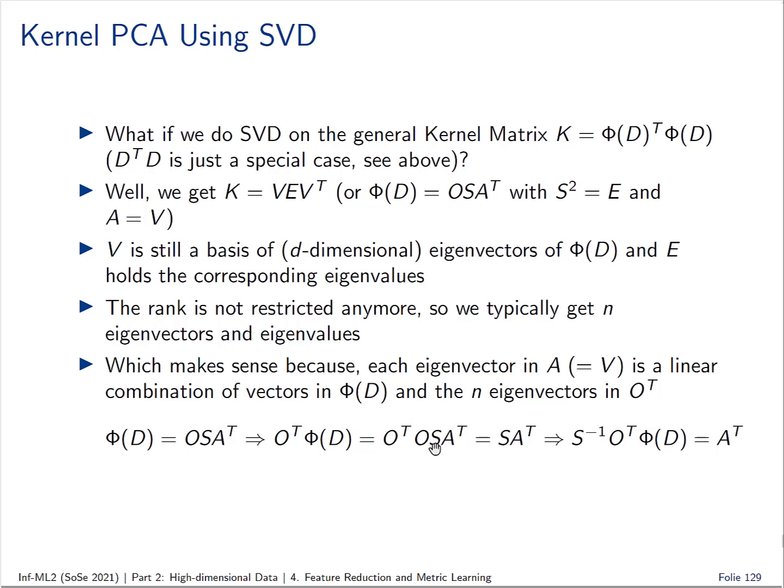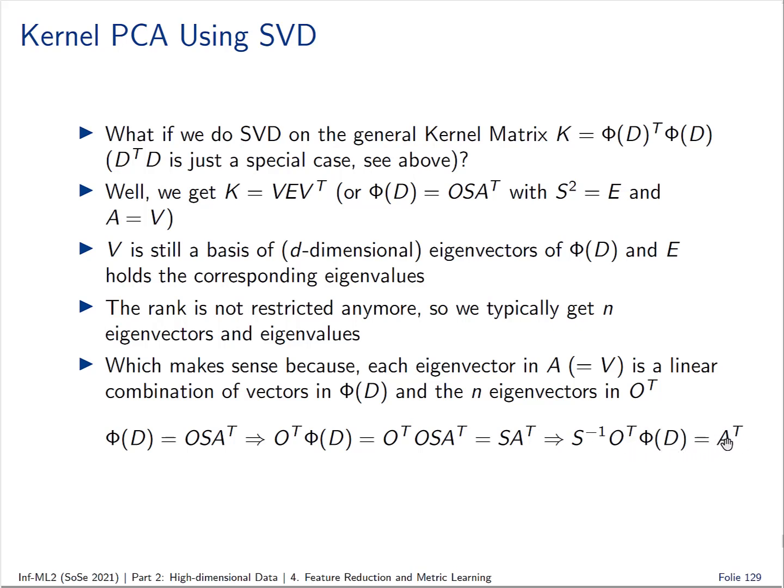So the right-hand side comes down to SA transposed. So we have O transposed times the mapped data space equals S times A transposed. If we try to get S on the left-hand side of the equation, we see that we have on the left-hand side still O transposed times the data matrix, and now S inverted, and on the right-hand side A transposed remains, and that is exactly the linear combination.